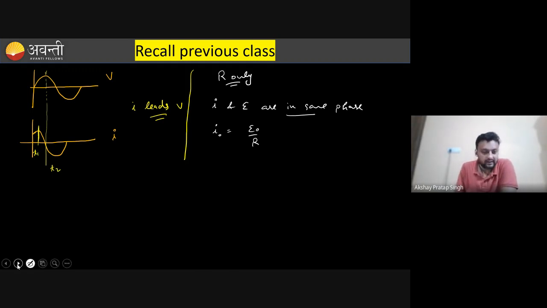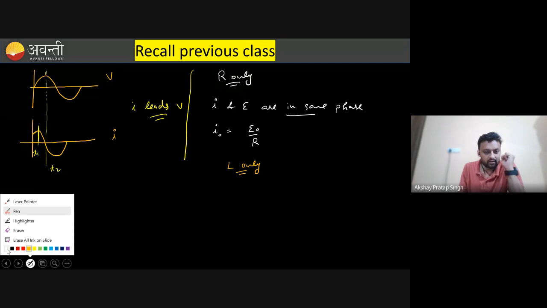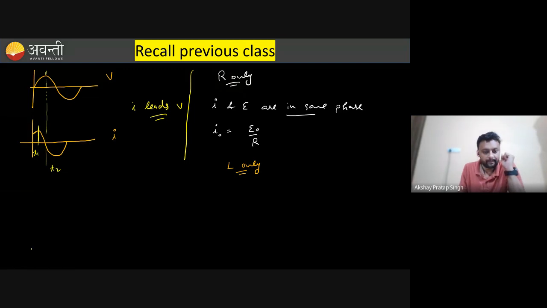In the same way, for the purely inductive circuit, or L only circuit, where L is the self inductance of the inductor, what is the conclusion? Anyone remembers who leads in this purely inductive circuit and by what angle? Who leads, current or EMF?